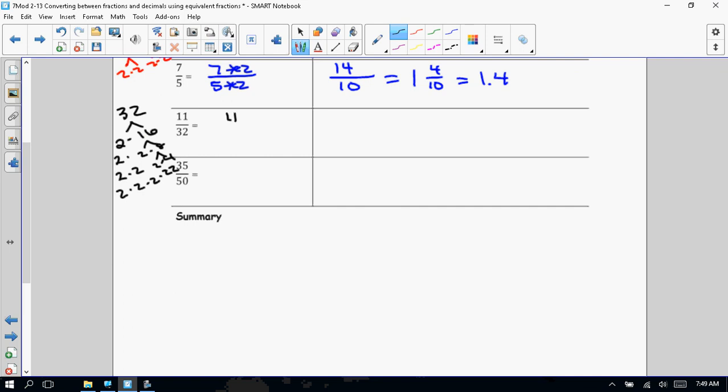So 11 over 2 to the 5th power is really what we have going on here. I need to have this have a multiple of 5 with the exact same power. It's a 5. So I'm going to multiply both the top and bottom by 5 to what power?